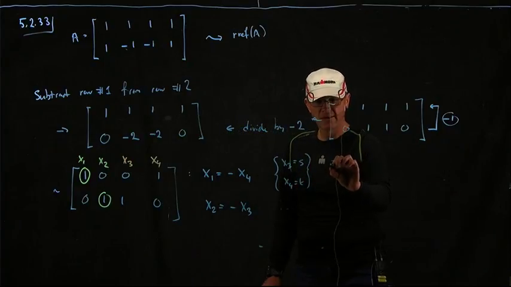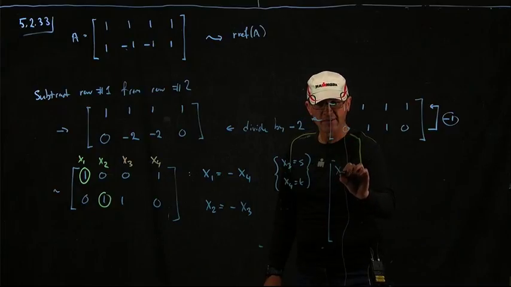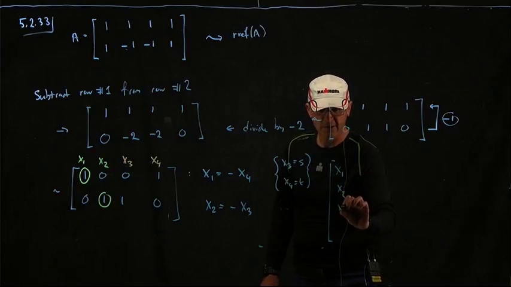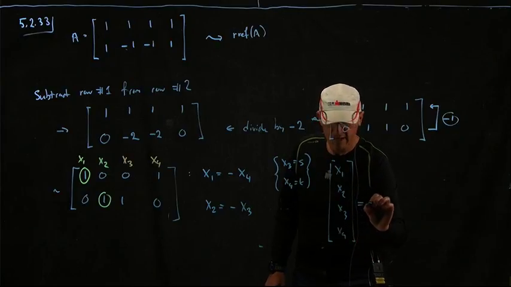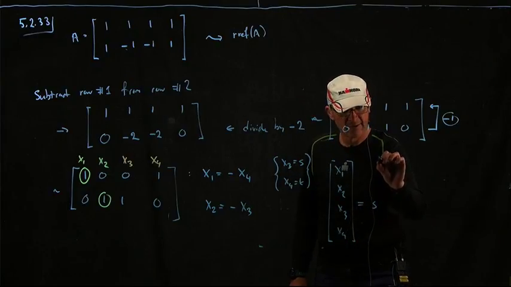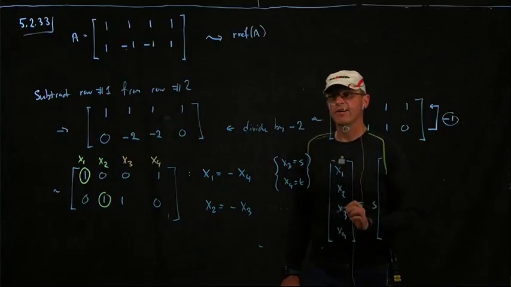We can write our full vector solution, x1, x2, x3, and x4, as the parameter s multiplying a vector.